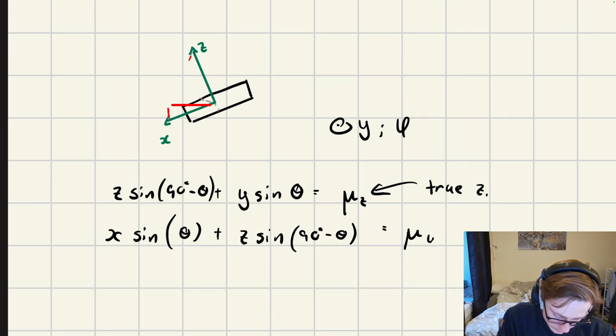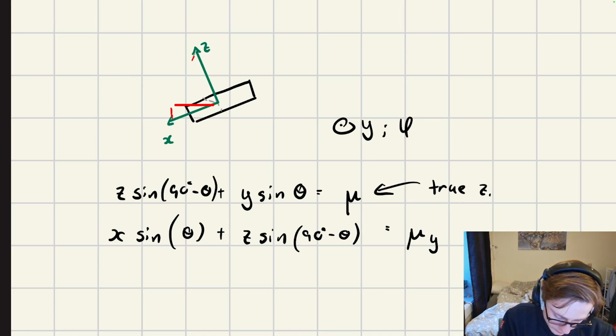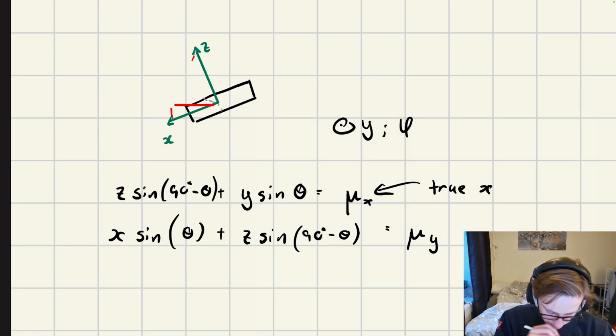True value for x should be this. This is y. Okay.